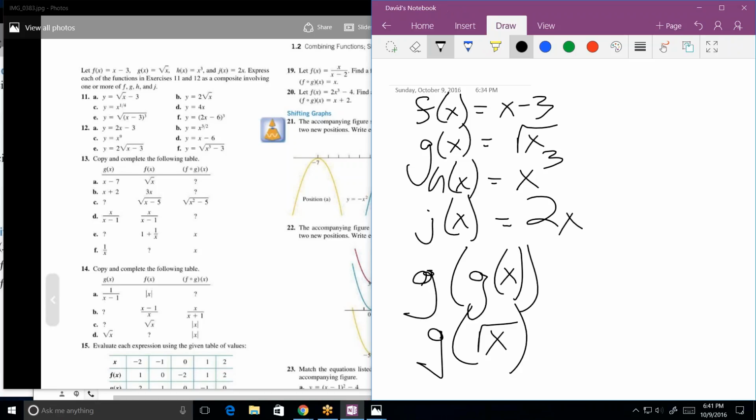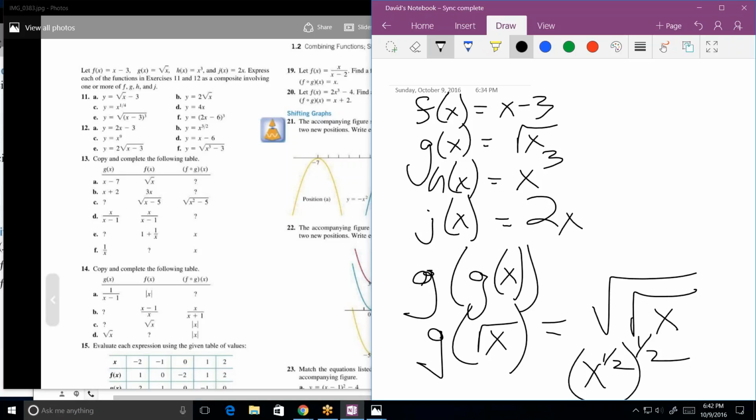If I plug that into the g of x function, that gives me the square root of the square root of x. That means the same thing as x to the 1/2 taken to the 1/2 power, which makes it x to the 1/4 power, and that's what we're looking at. So it's g of g of x.